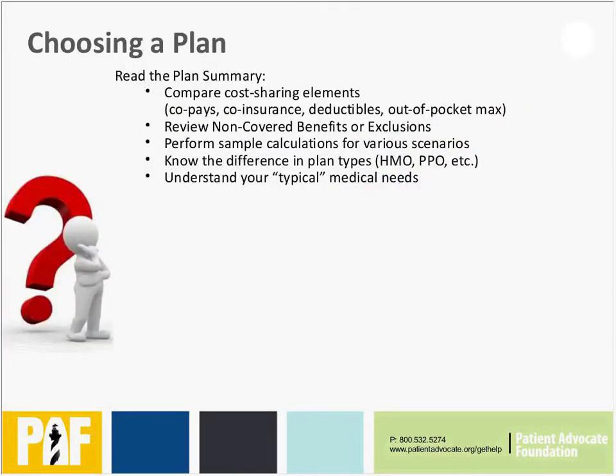So when you're choosing a plan, we advise you to be very diligent in reading the plan summary. Compare cost-sharing elements, so make sure that you understand the costs associated with the copays, coinsurance, deductibles, out-of-pocket maximums. It becomes kind of alphabet soup, and it's really difficult sometimes to figure out how much am I really going to have to pay over the course of a year.